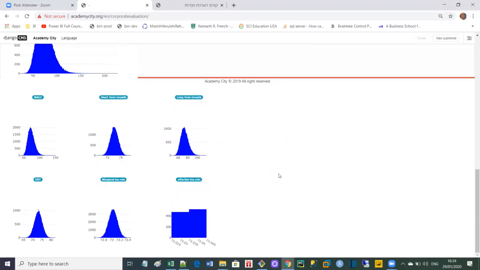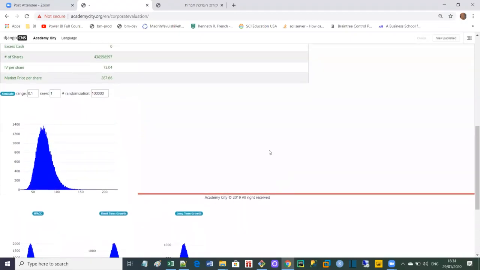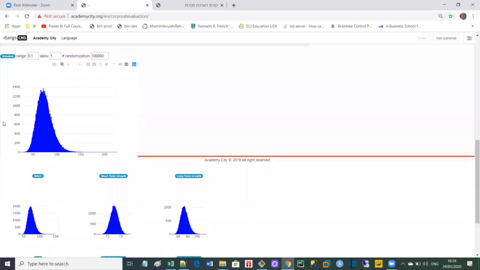Bottom line, we're coming to the conclusion that the intrinsic value is 73, but it's possible that it will be between, let's say, 50 and 100, more or less, quite a big range. To be outside of that range is very unlikely.